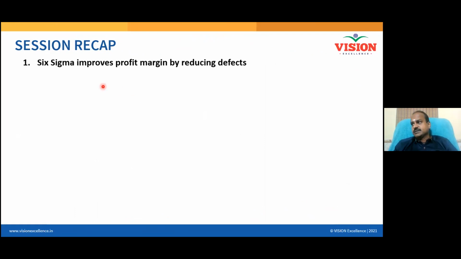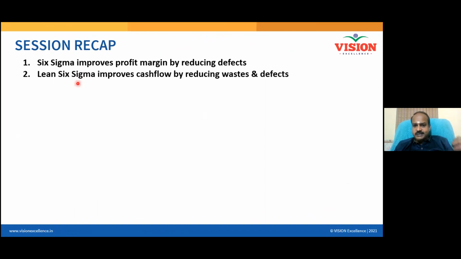So this is a summary of what we learned yesterday and today about Lean and Six Sigma. Six Sigma helps us improve the profit margin by reducing the defects, right? And defect means any ineffectiveness. Lean Six Sigma improves the cash flow by reducing the waste and defects. When I say Six Sigma, my focus is only defect reduction.